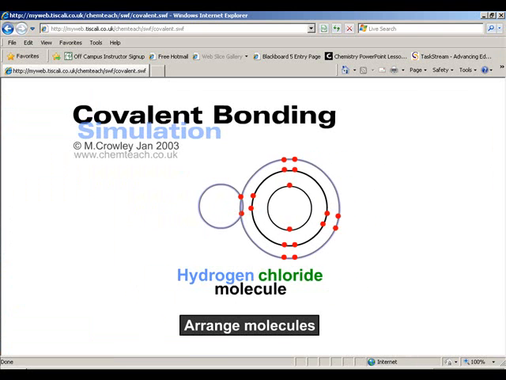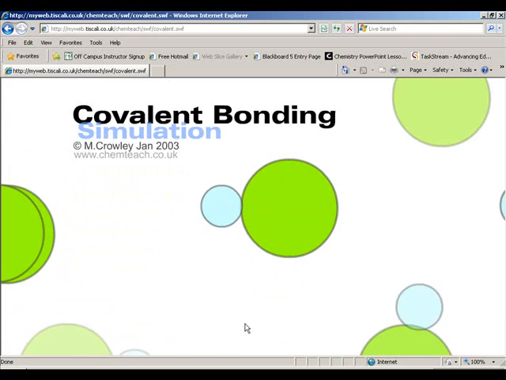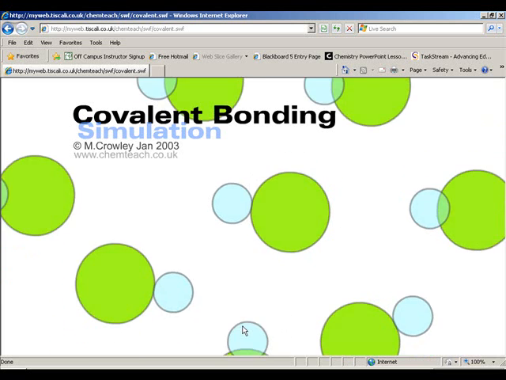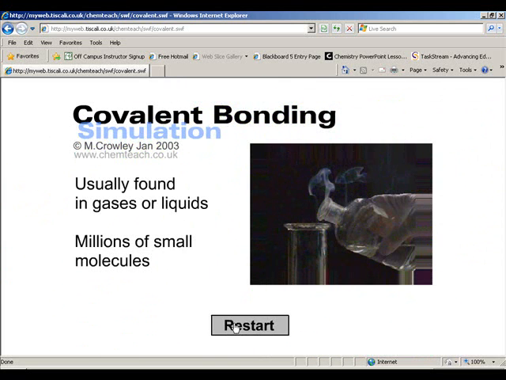They come together, and what happens is right here you get a sharing between the hydrogen and the chloride atom. And what you get is hydrogen chloride molecules created. Those hydrogen chloride molecules are what are found in gases or in liquids. They are simply bazillions of small molecules.